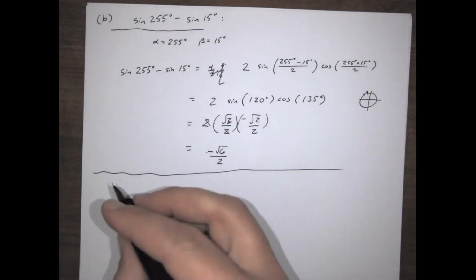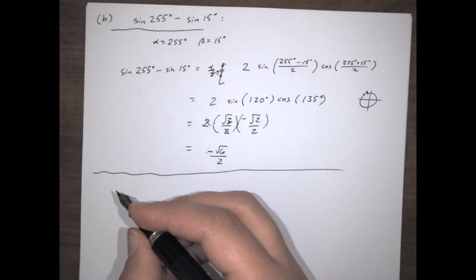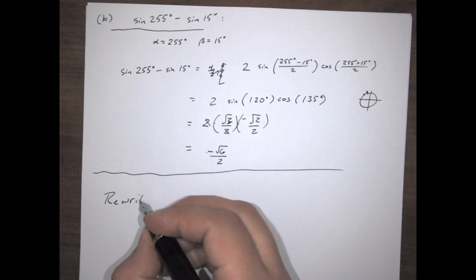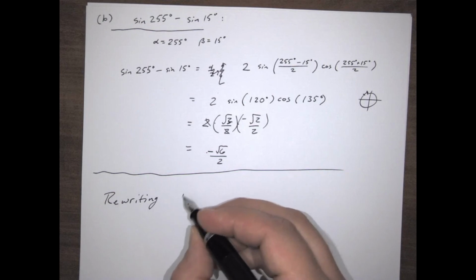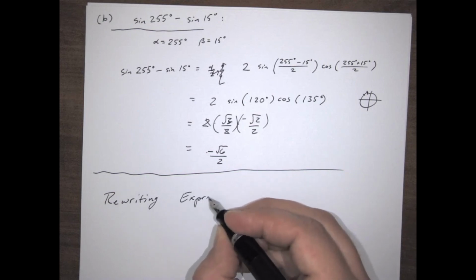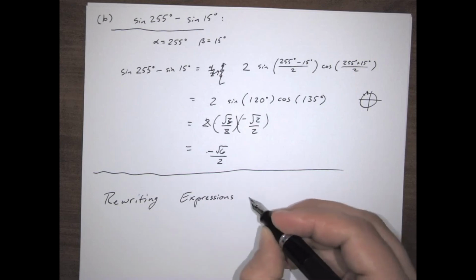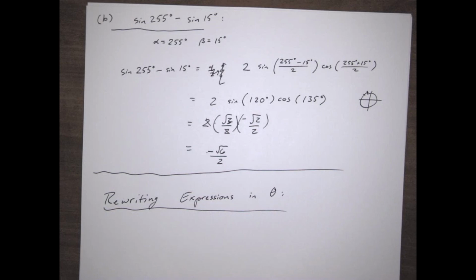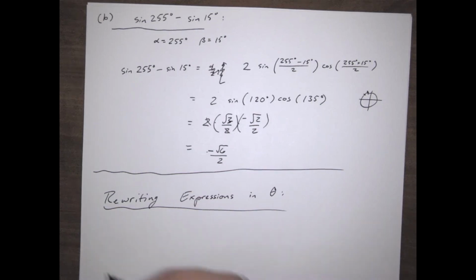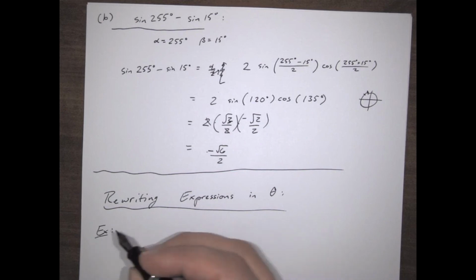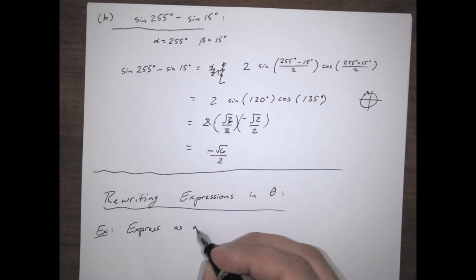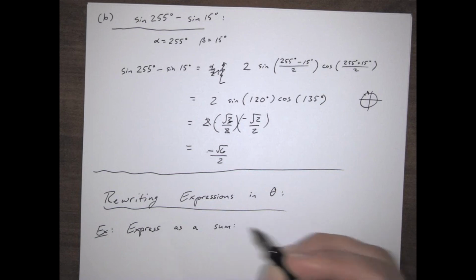And then the last category is where we are rewriting expressions in theta. So the last category of problems would be something like this, where we have, so express as a sum.